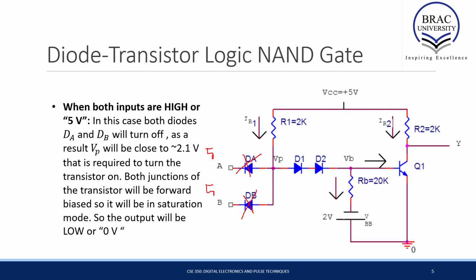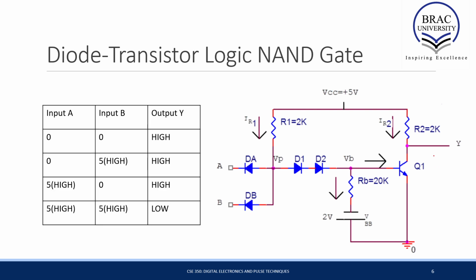Since both junctions of the transistor are forward biased, it will be in saturation. And we know in saturation, the voltage difference between the collector and emitter is almost 0.1 volt. So we can say the output will be logic low, or 0.